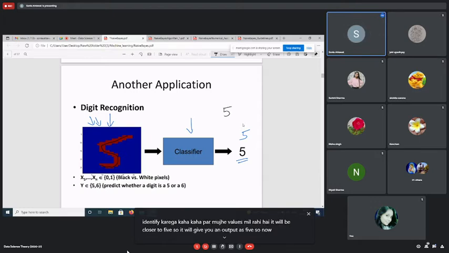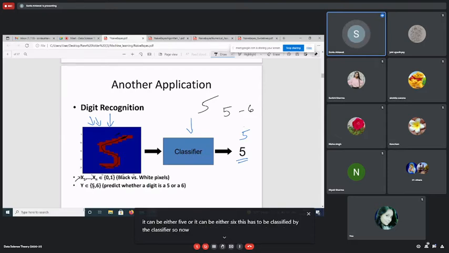So now this information, where the colors are red and where the colors are blue, is basically called the features. Fine. And since this particular image has a proper tail and looks like this, it can be either 5 or 6. This has to be classified by the classifier.